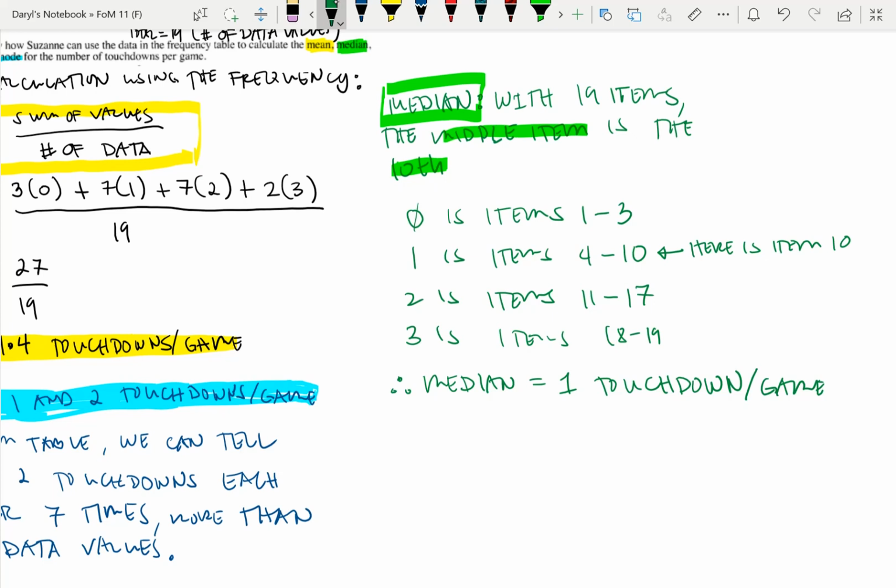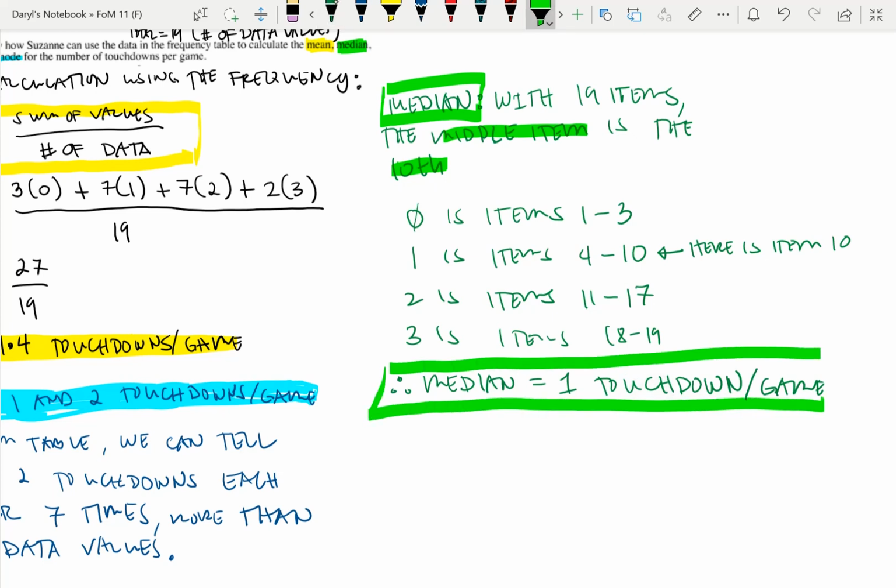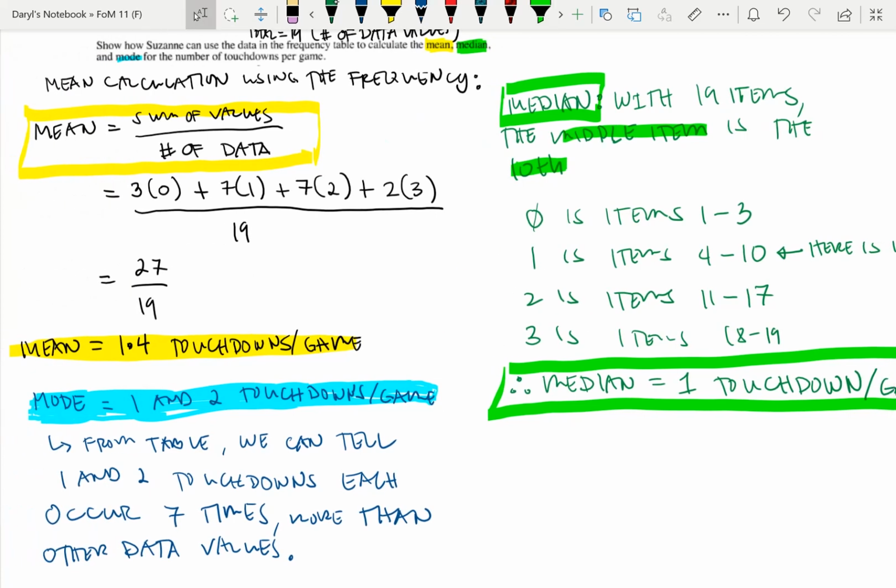Okay, so that ends our discussion for this video. So again, just try to familiarize the meaning of each quantity: mean, median, and mode.